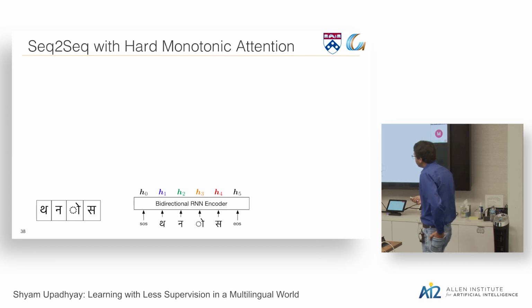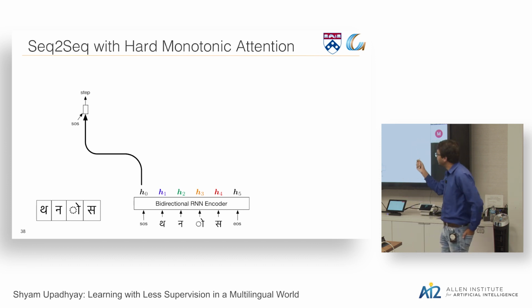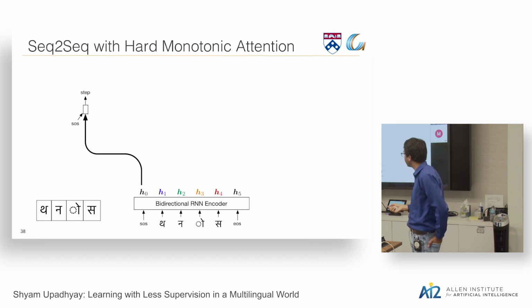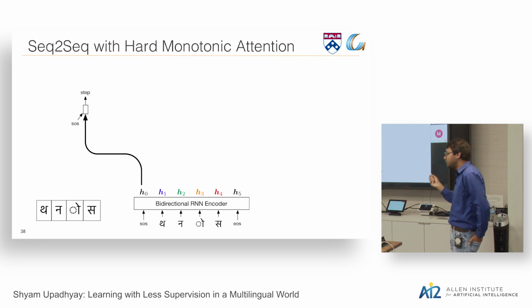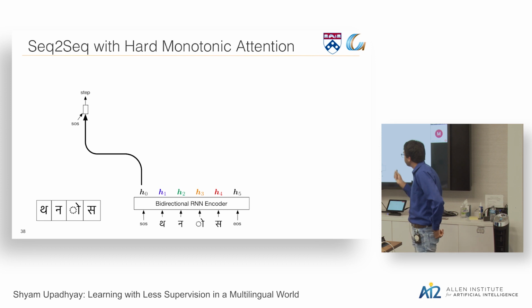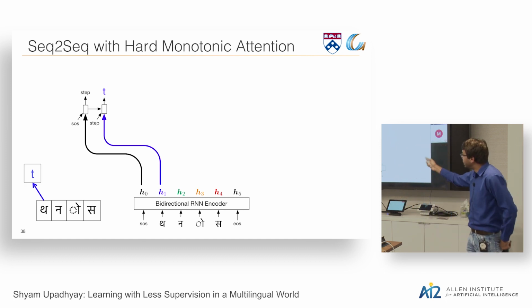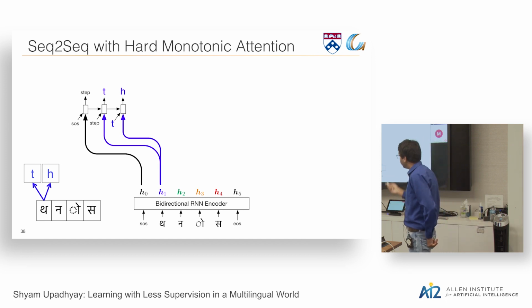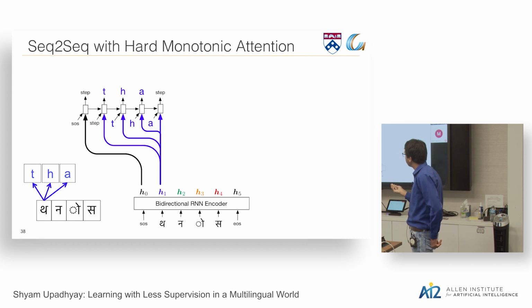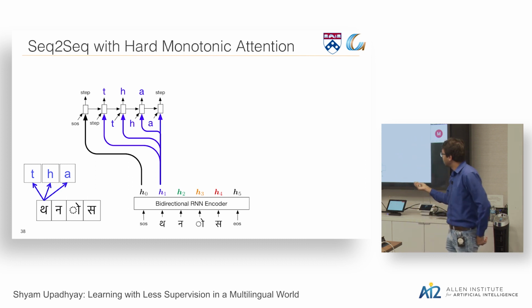However, the decoder, instead of attending to all positions, will attend to a single position in the input. For instance, it's right now attending on H0. The position being attended to will increment every time the decoder generates a special step action. So right now, the decoder has generated a step action, so we'll move on to the next position, which is H1, and generate a T, still attend on H1, generate a H, an A, until we generate the next step action.